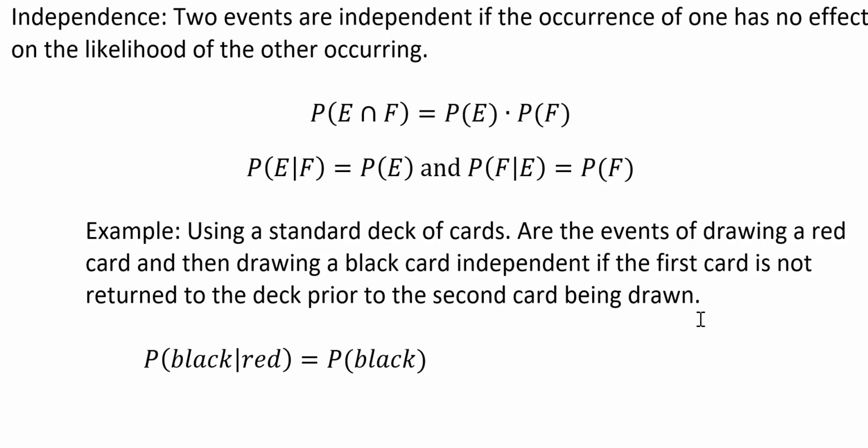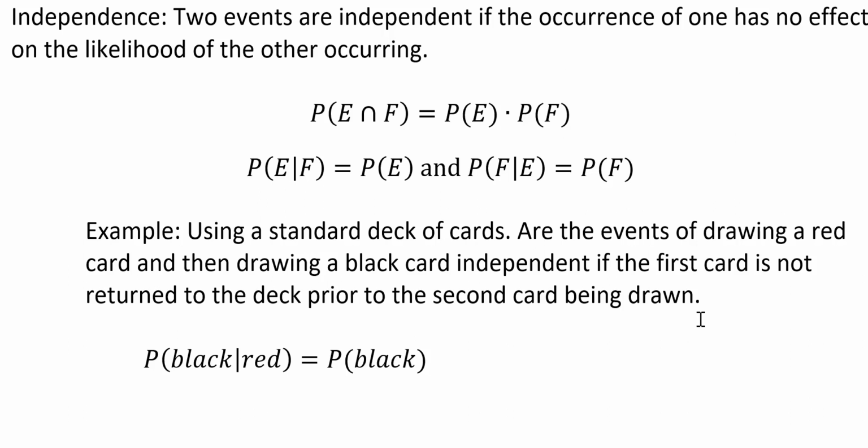Well, some of you may have enough experience with cards to be able to answer this right away. If I have a deck of cards in my hand, there's 52 of them there, and I draw a card, and I see, oh, that's red, and I put it to the side. I don't put it back in the deck.